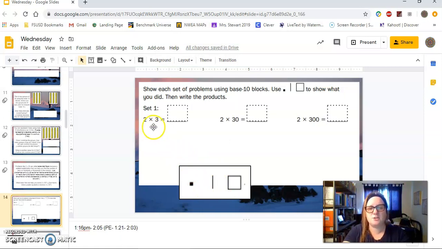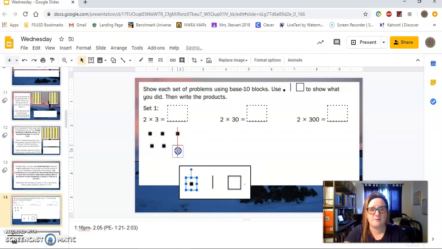So to solve 2 times 3, even though we already know it, okay, I still need to show it. So 2 times 3 is the same as drawing an array. I could do an array of 2 rows of 3, or I could do 2 groups of 3 and show it like that. Either way is going to be fine.